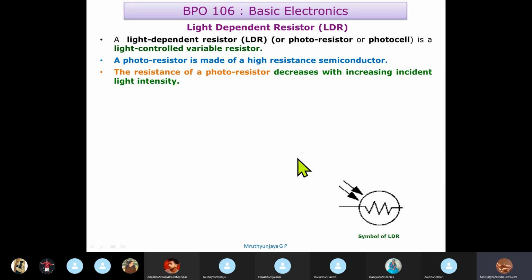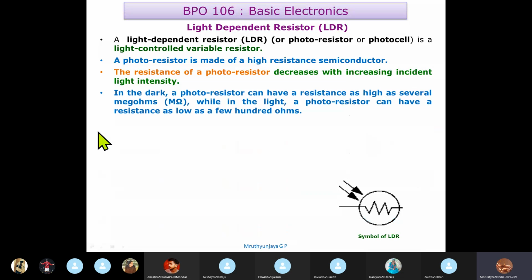The higher the intensity of light falling on this material, the more the resistance will decrease, and that decrease in resistance will indicate the level of light intensity. In the dark, a photoresistor can have a resistance as high as several megohms, while in the light it can have a resistance of a few hundred ohms. From megohms to 100 ohms, it can change with light.